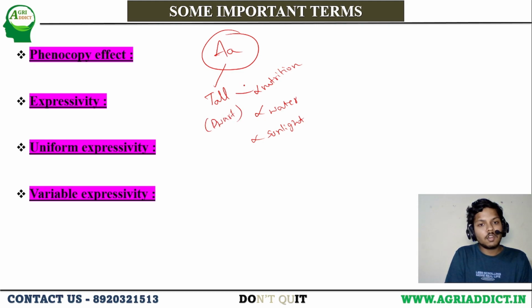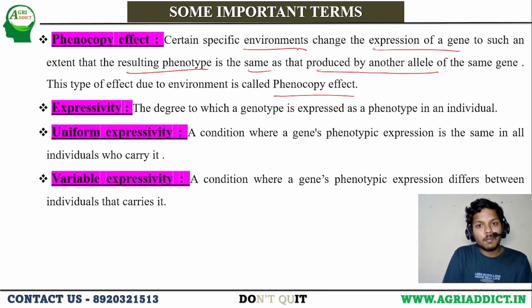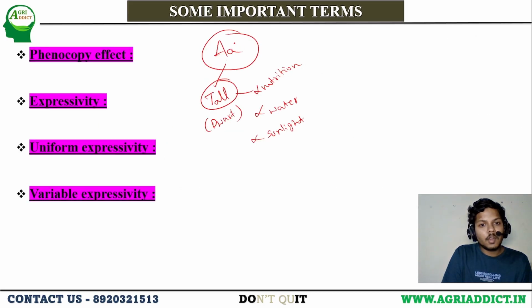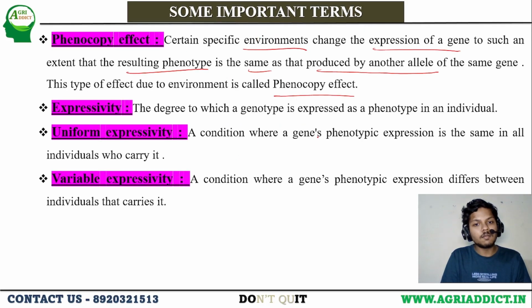Even though the genotype should represent tall, according to the environment, it will be dwarf only. Means the environment is changing the expression of a gene so that the phenotype differs from capital A into small a. So this type of effect due to environment on the phenotype, we call phenocopy.